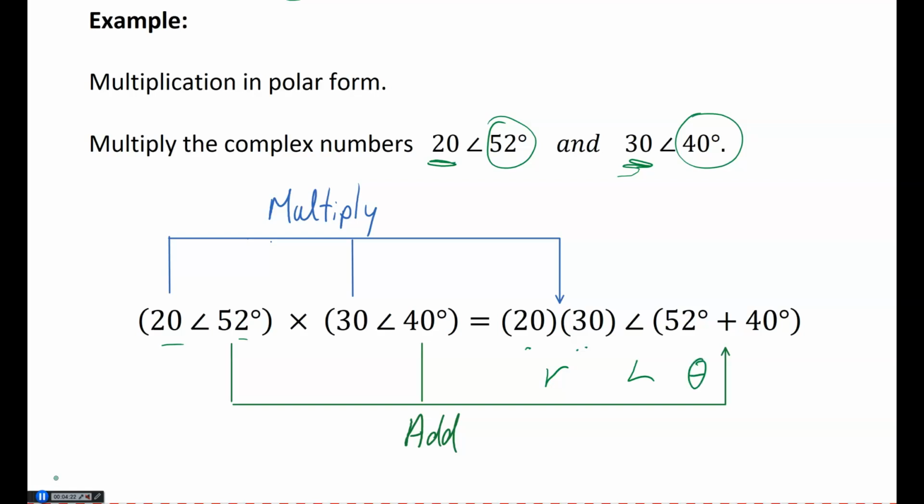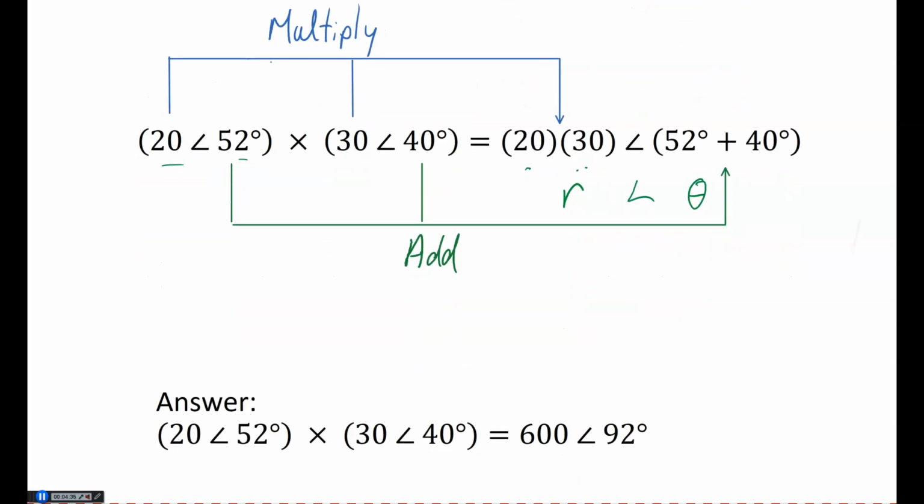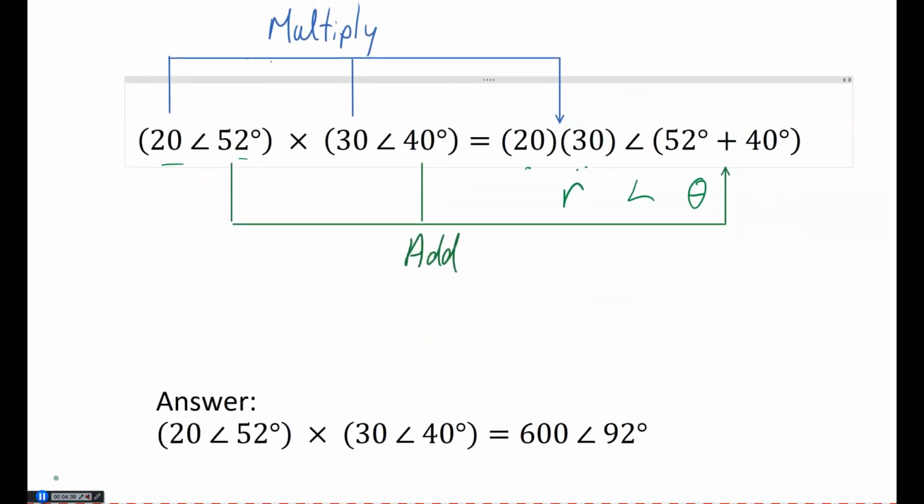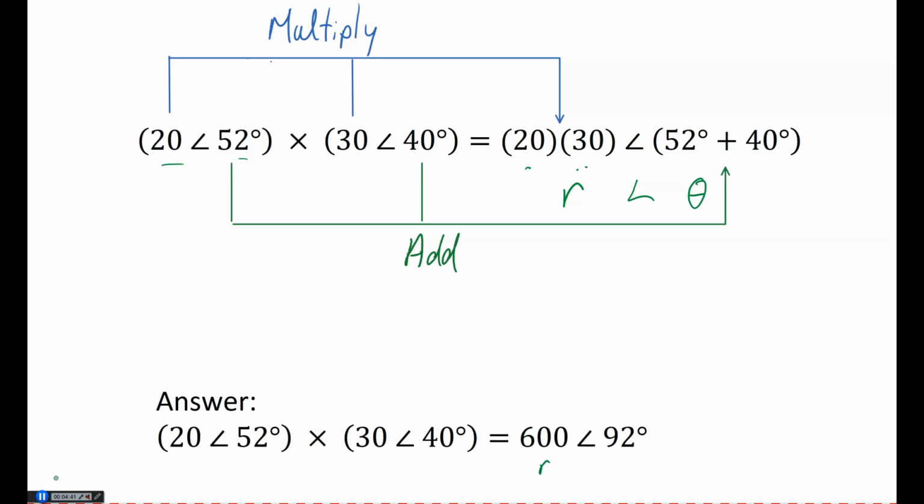So notice that it remains in the polar form, r angle theta. Multiply the r's, add the angles. And so this one becomes 20 times 30 for r, which is 600, at an angle of 52 plus 40, 92 degrees.